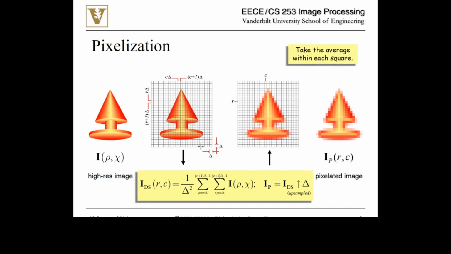And then the pixelated image is the downsampled image, but now upsampled by a factor delta. So you first make a downsampling by a factor 2, and then an upsampling by a factor delta. The processes of upsampling and downsampling are familiar to you.